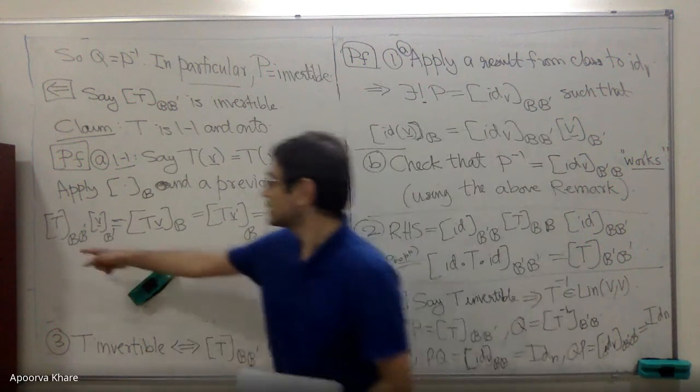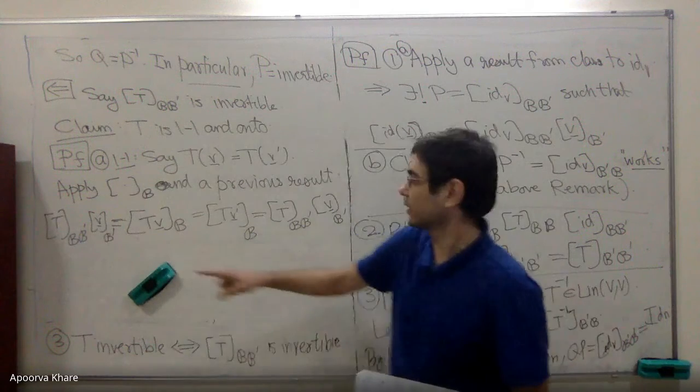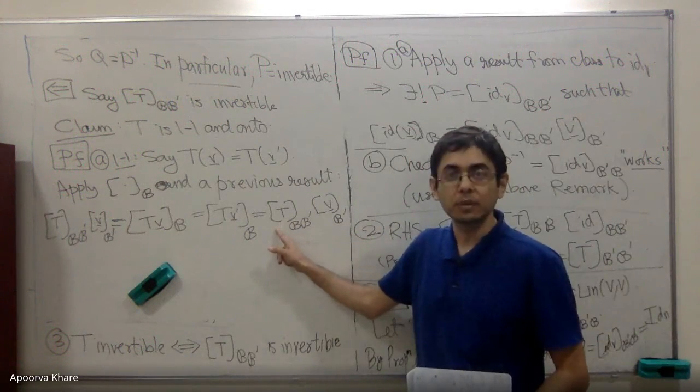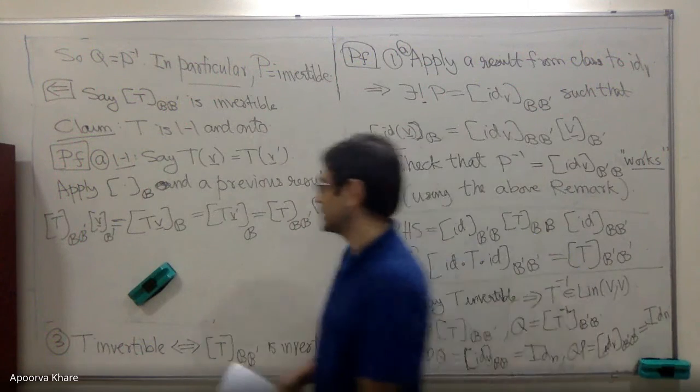So I have this same matrix times this column vector equal to this same matrix times this column vector. And I know this matrix is invertible, so I can apply the inverse on both sides.